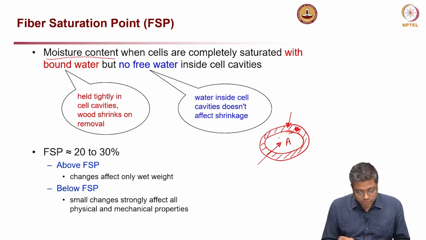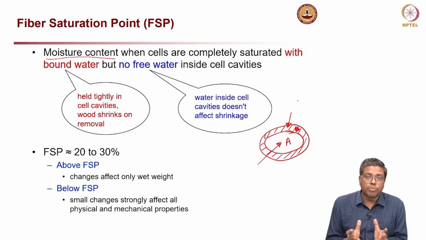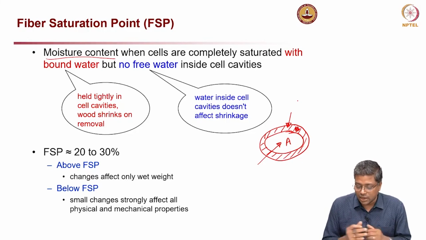Below FSP, you start taking water from region B, and then the properties, like physical and mechanical properties, start getting affected.